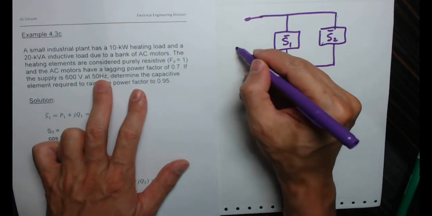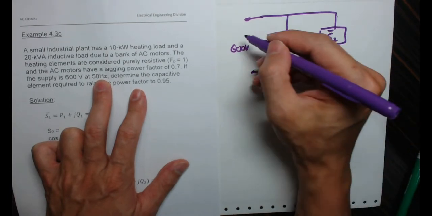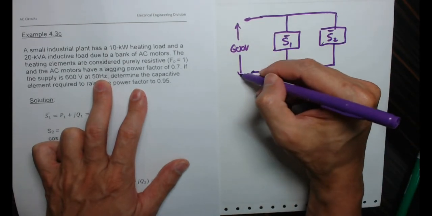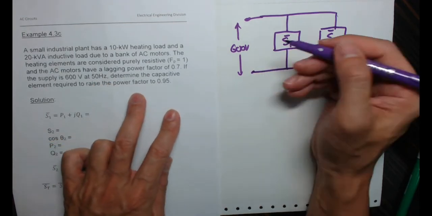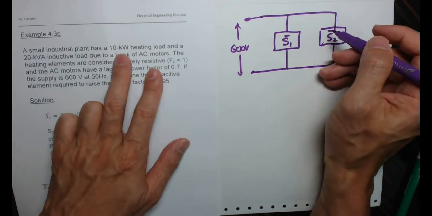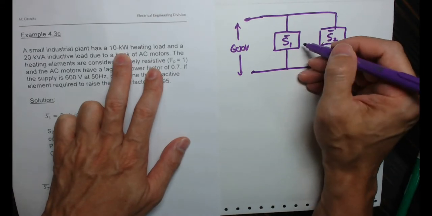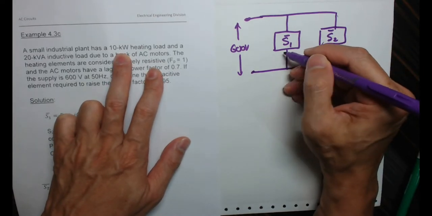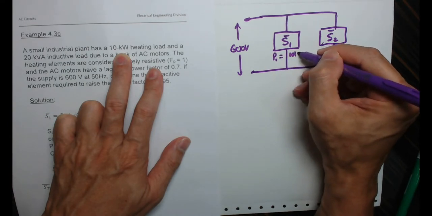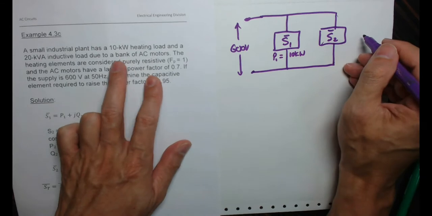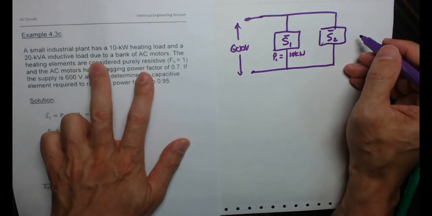Okay, where the voltage is 600 volt, apply a voltage supply, and we are told that S1 is a heating load, so it only has P1 equals 10 kilowatt, and S2 is an inductive load, right?